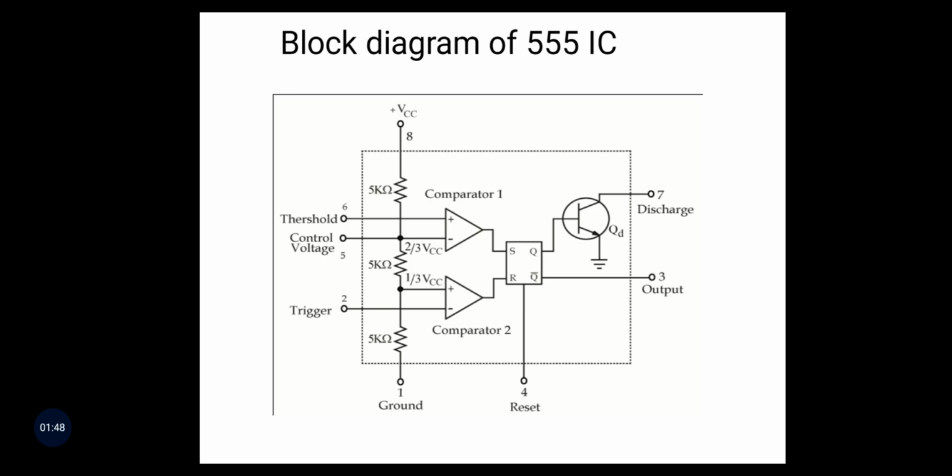Internally there is a voltage divider circuit, that means V plus VCC. There are resistors 5 kilo ohm, 5 kilo ohm, 5 kilo ohm, and there are op amp comparators, comparator 1 and comparator 2, and also there is an SR flip flop, RS flip flop.